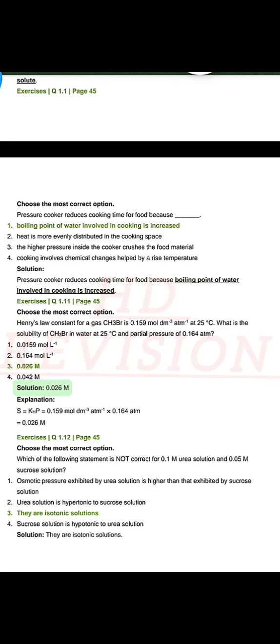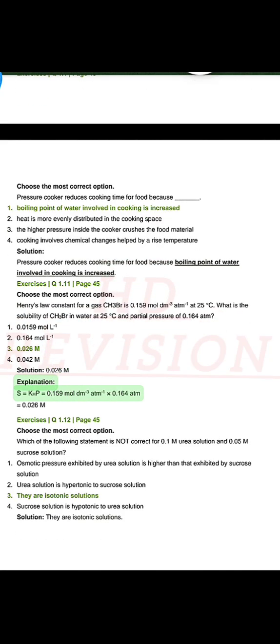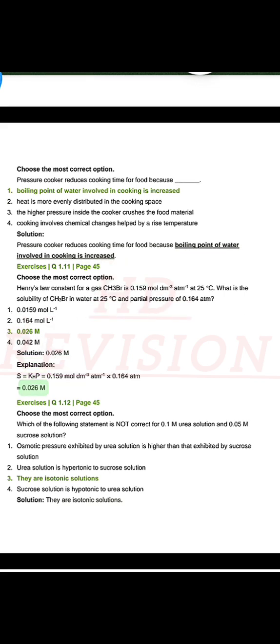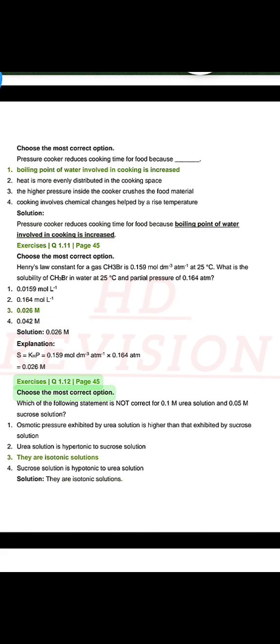Solution: 0.026 m. Explanation: S = KH P = 0.159 mol dm-3 atm-1 × 0.164 atm = 0.026 m.